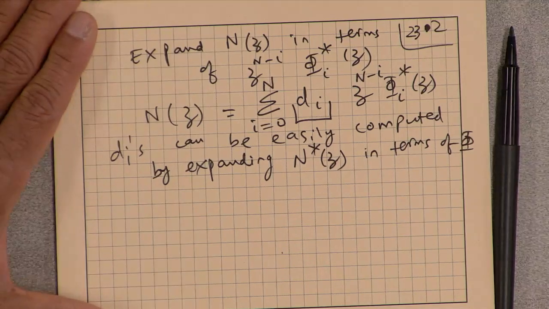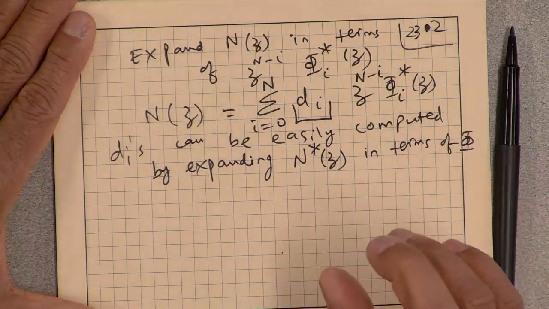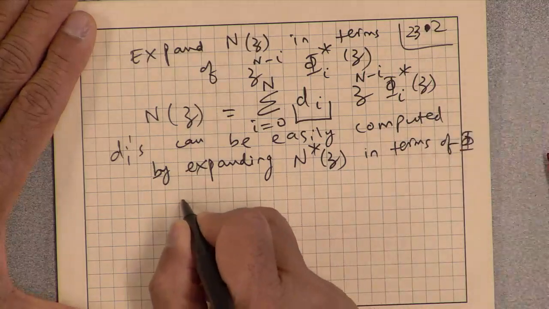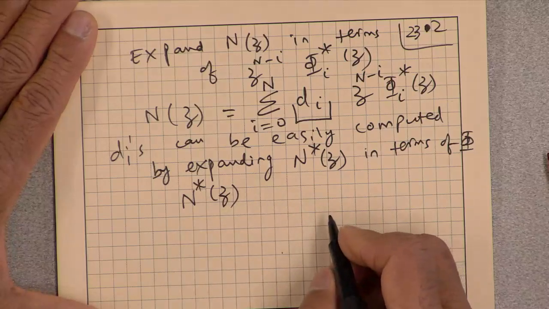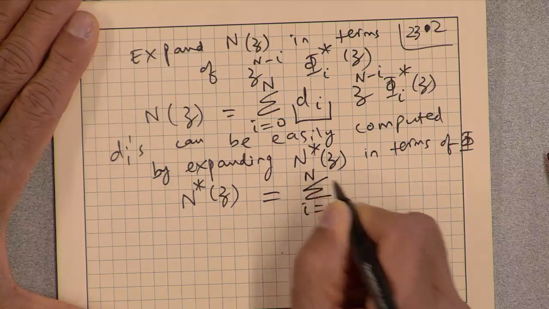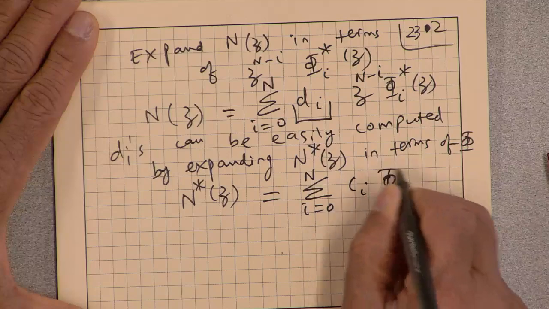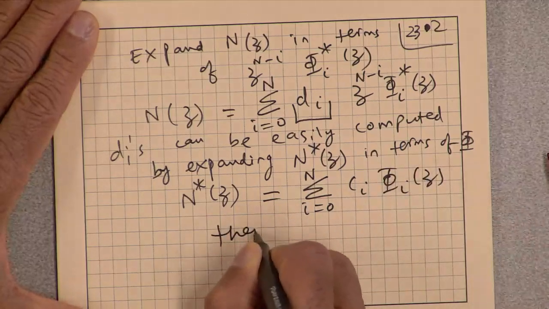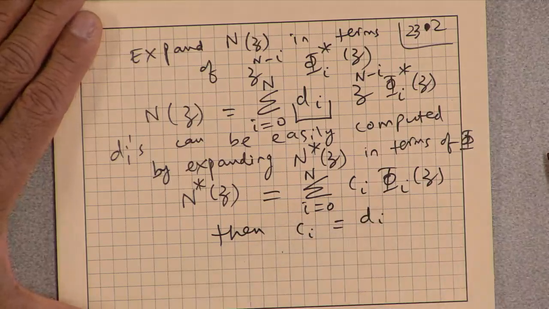Okay, so let me try to prove that. So here is the thing. So n star z, if I compute n star z is equal to summed over all i equal to 0 to n, some constant c i phi i, okay, if I do that, then what we will try to prove is that c i is the same as d i.